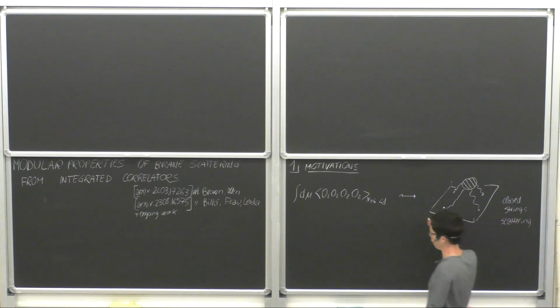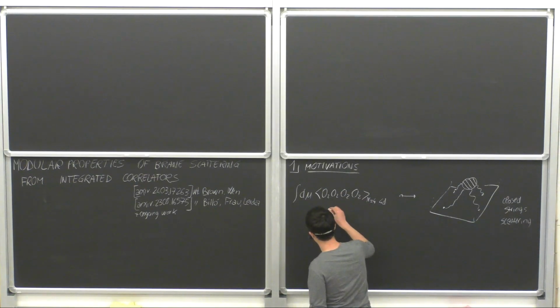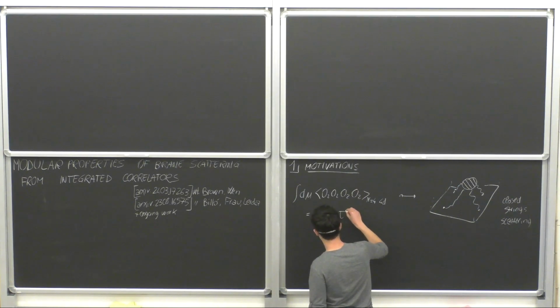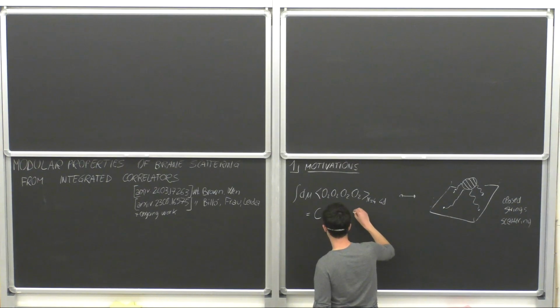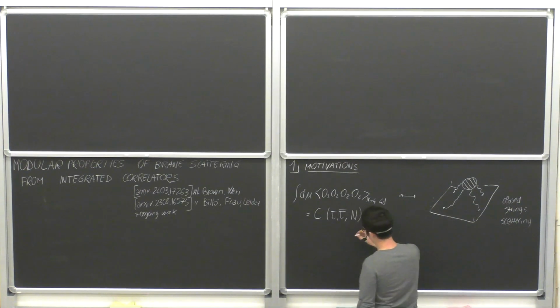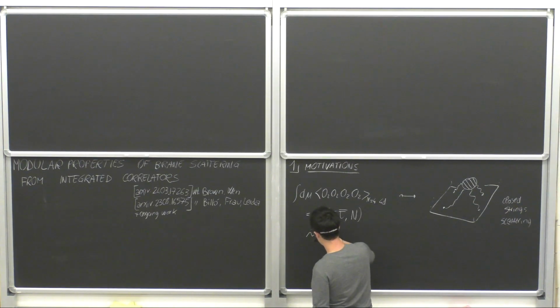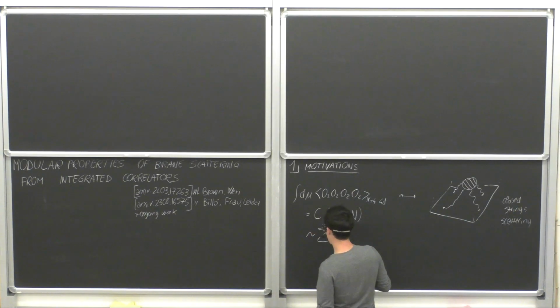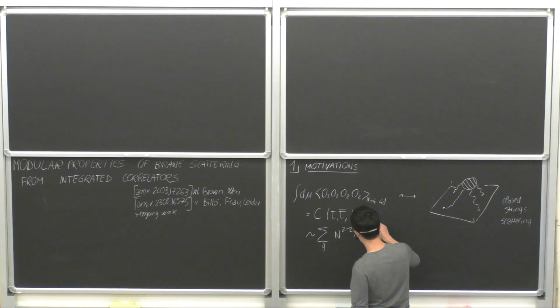And in particular, if we define this object as a certain function, C, which depends on the modular parameter tau, tau bar, and N, this admits an expansion in the large coupling limit of this kind, with 2 minus 2g, some coefficient depending on the genus g of tau and tau bar.